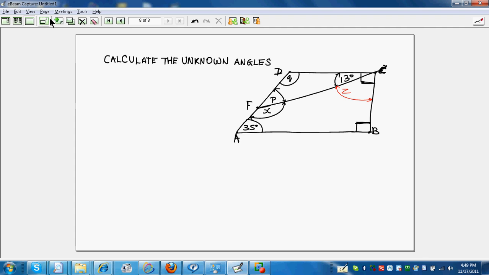So let's first find angle Z. We'll say that 13 degrees plus angle Z must be equal to 90 degrees, because from the diagram these angles are complementary. That is to say, they add up to 90 degrees. These are complementary angles.